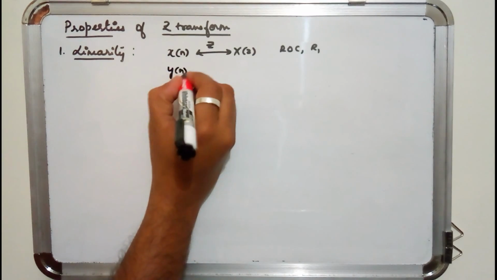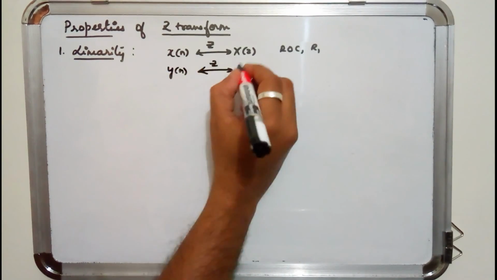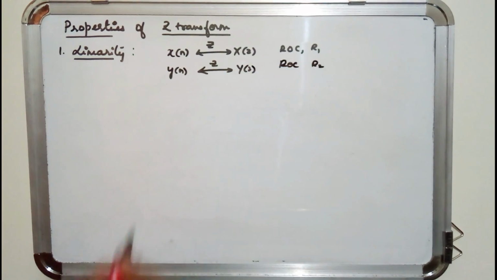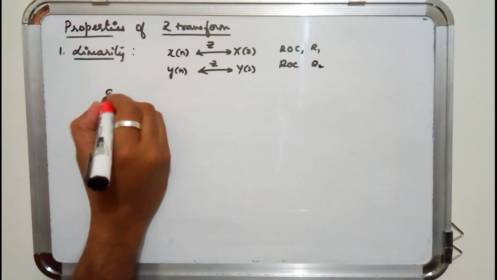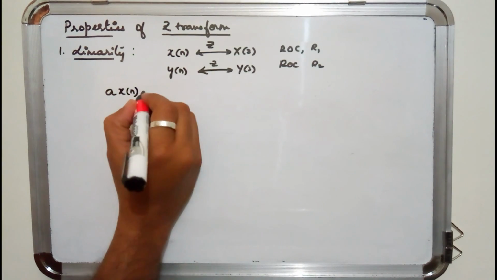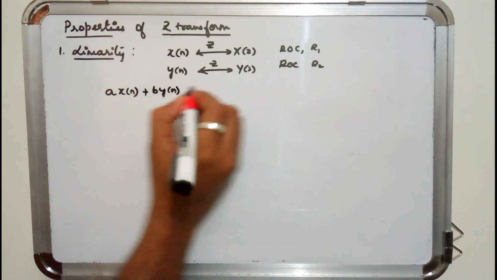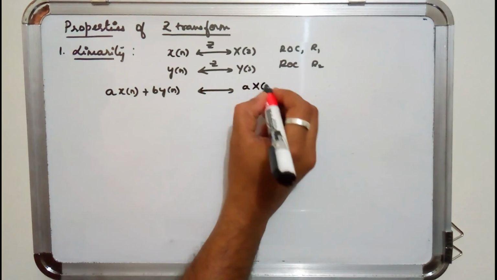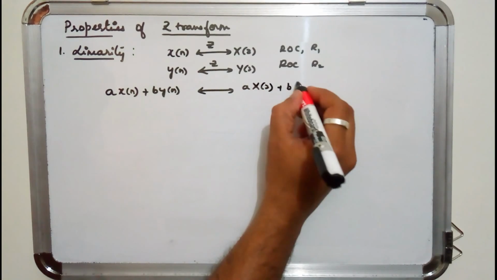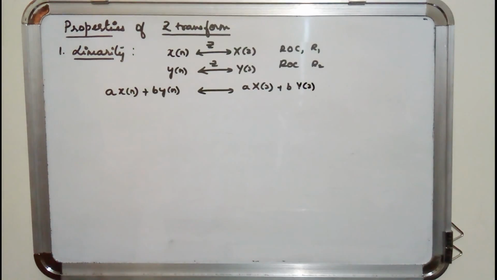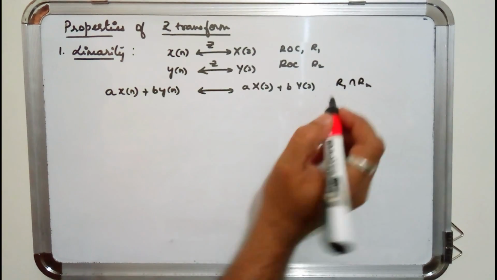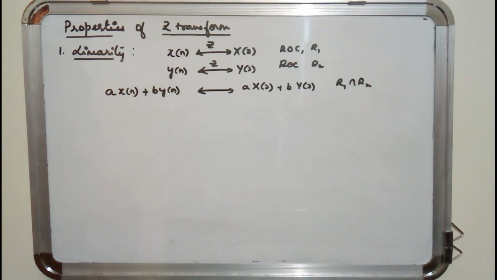If you have y of n which has Z transform Y of z with ROC R2, then if the input is the weighted sum a x of n plus b y of n, then the output is a into X of z plus b into Y of z, where the ROC is the intersection of R1 and R2. Okay, intersection of R1 and R2.